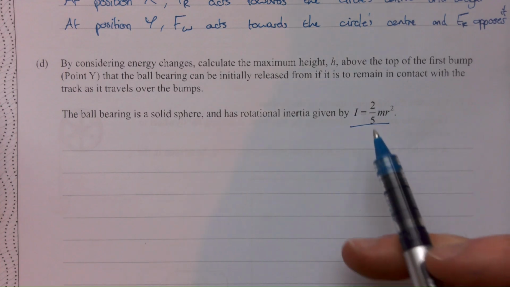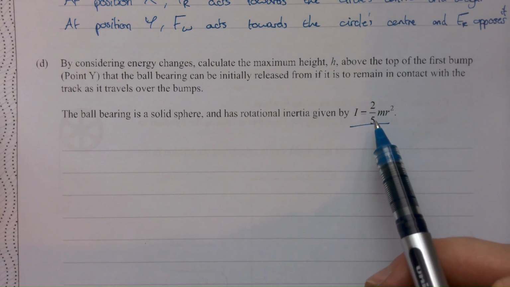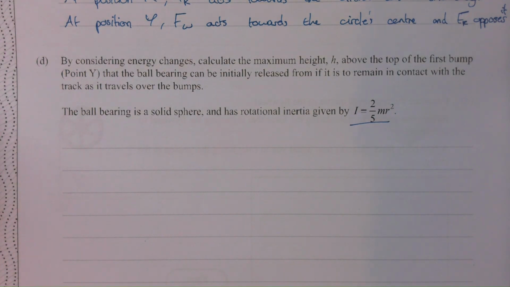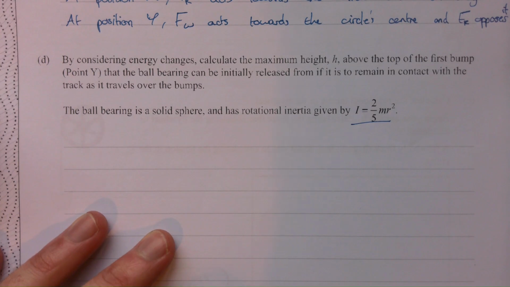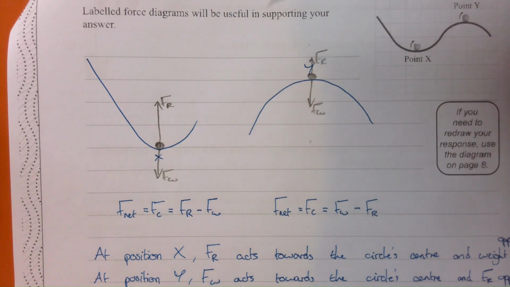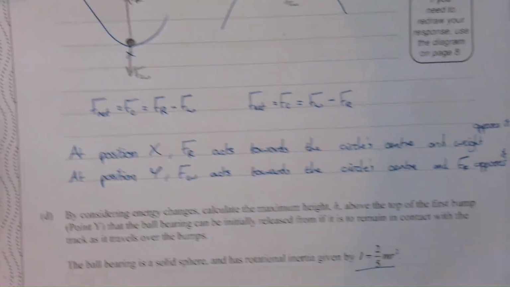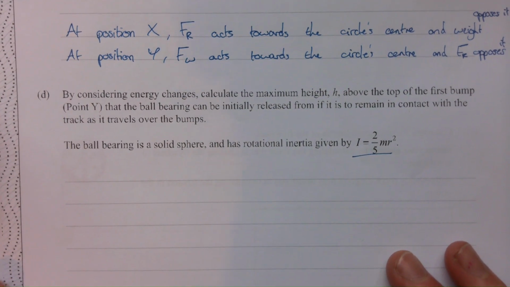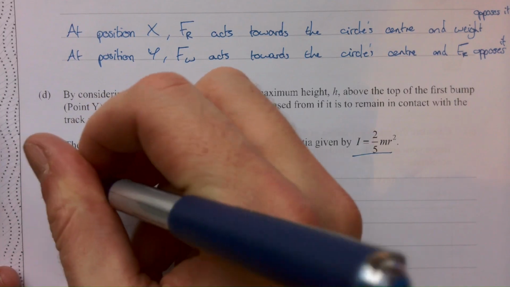So, we're going to use an equation that involves the rotational inertia, and we will have to calculate that rotational inertia for our ball. Okay? Now, if we're going from the top of the slope to the top of point Y, we're going to have a change in energy. At the top of the ramp, the ball has gravitational potential energy.